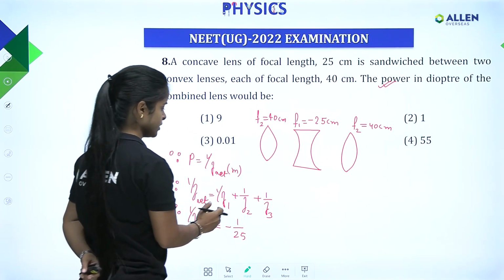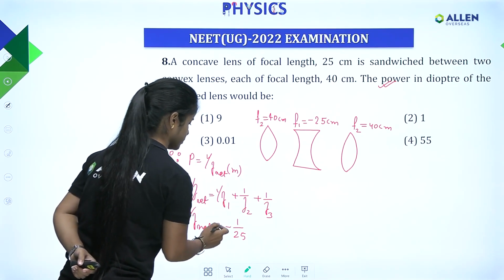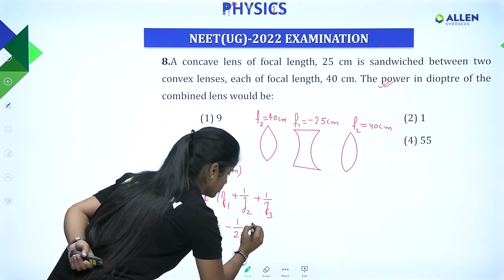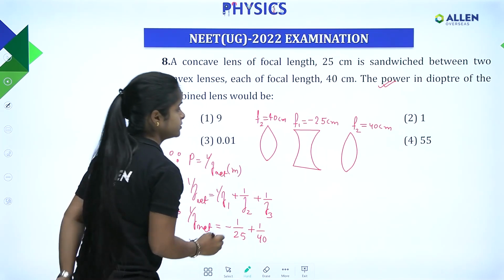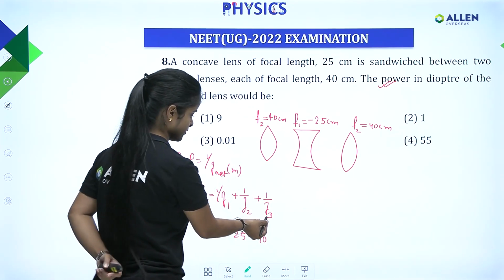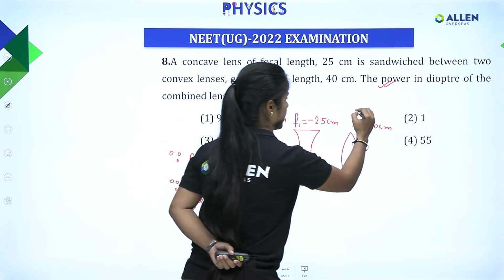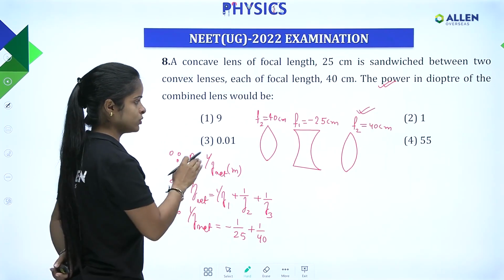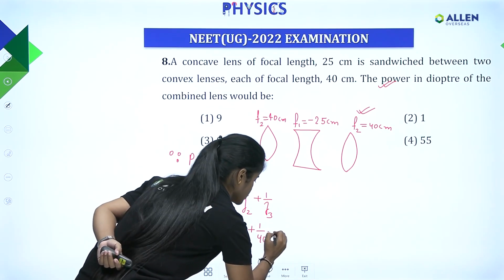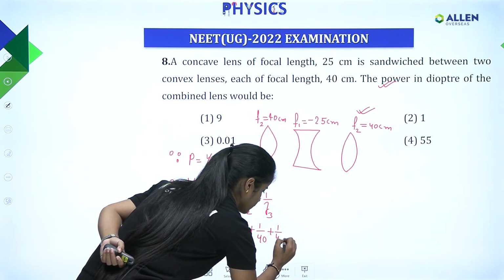At the same time, the value of F2 is plus 1 by 40. And at the place of F3, again I am going to write F2. Why? Because the focal length of the third lens is also equal to F2, that is 40 centimeter. So, again I am going to write 1 by 40.